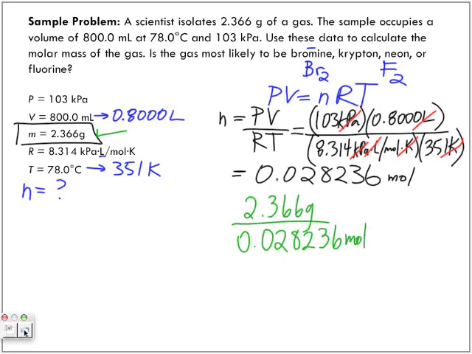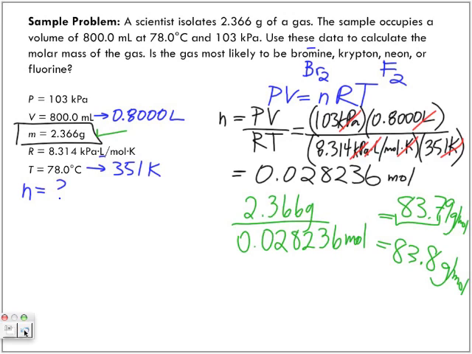So we take the two numbers, divide them together, and we get 83.79 grams per mole. So we need to find the actual molar mass. The least number of significant digits is 3, so the 83.79 becomes 83.8 grams per mole. So we've got the molar mass of this unknown gas that this scientist has isolated.